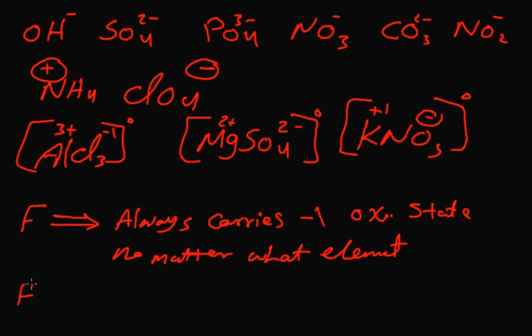For example, HF, the oxidation state on the fluorine atom should be -1. Why? Because we have HF, like here in this formula. The fluorine atom is always more electronegative. Another compound should be KF. We all know that the fluorine atom is more electronegative than potassium, so it should carry -1 charge and the potassium +1 oxidation number.